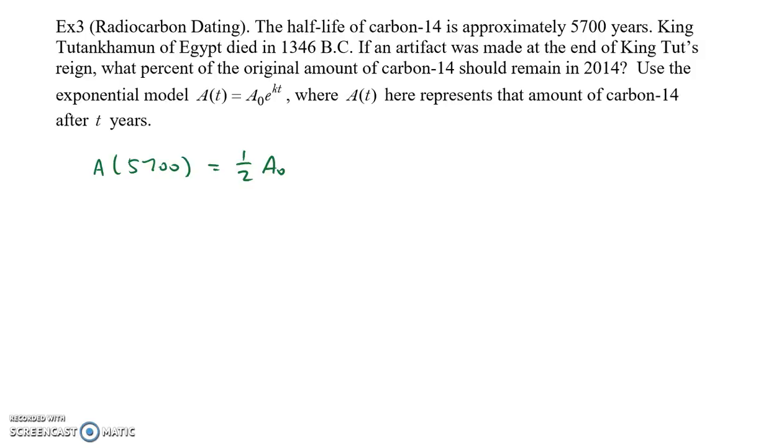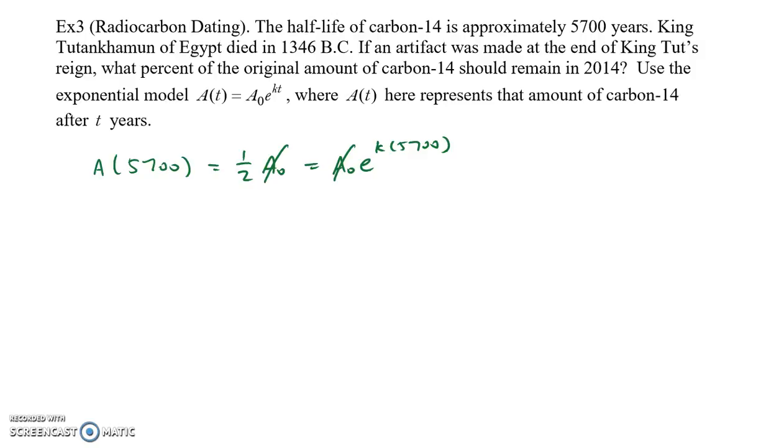Now, if we substitute that into the expression A0 e to the kt, what that gives us is A0 e to the k times 5,700. Because we have A0 on both sides of the equation, we can divide it out.